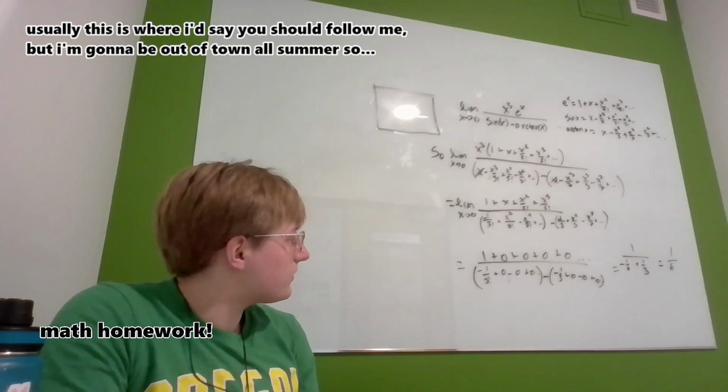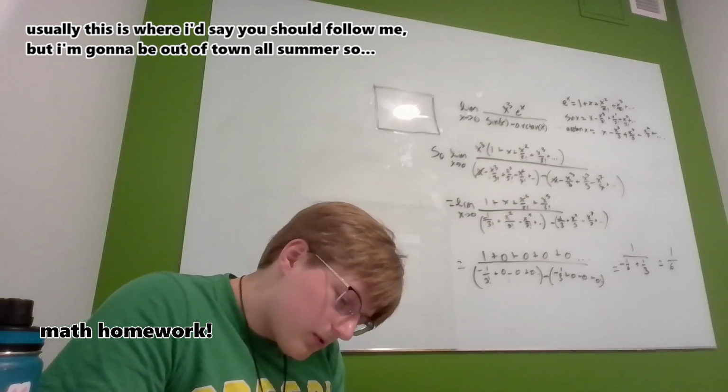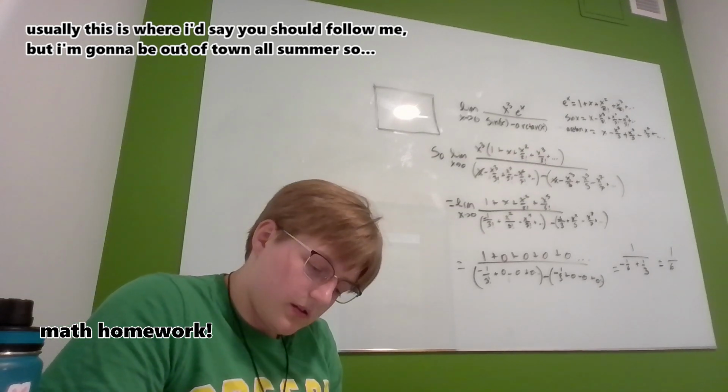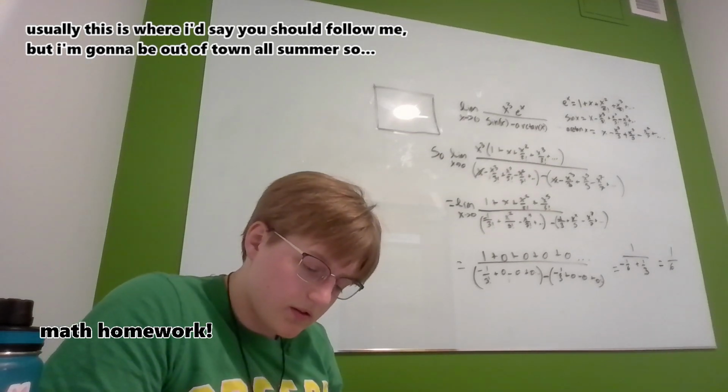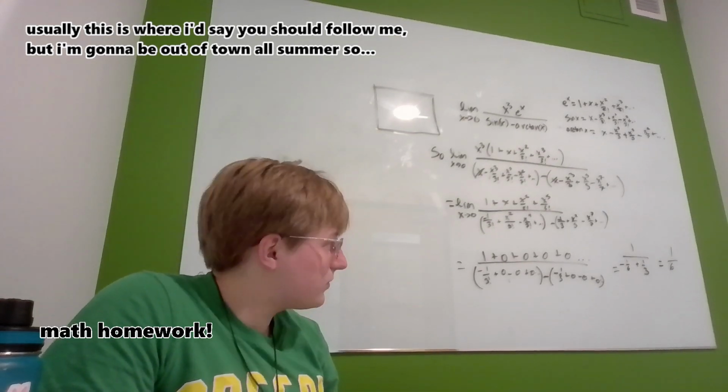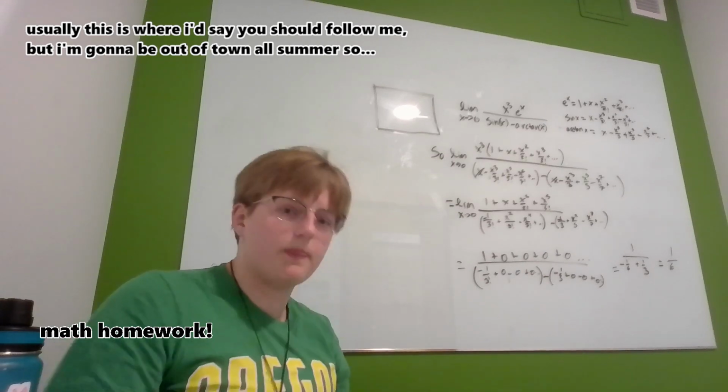Can't believe I've forgotten that twice in a row. Plus 0 minus 0 plus dot dot dot equals 1 over negative 1/6 plus 1/3 equals 1 over 6.